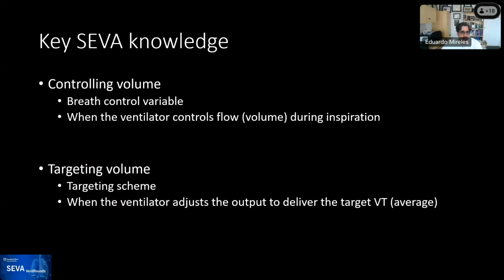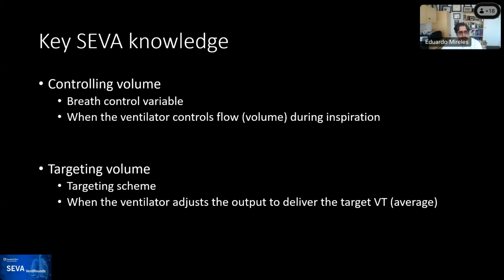It controls what we are controlling during the inspiratory period. So when the ventilator controls flow or volume during inspiration, we say that this is a volume control mode. On the other side, there is targeting the volume, and for that we refer to the targeting scheme, which is another part of the items that define a mode.